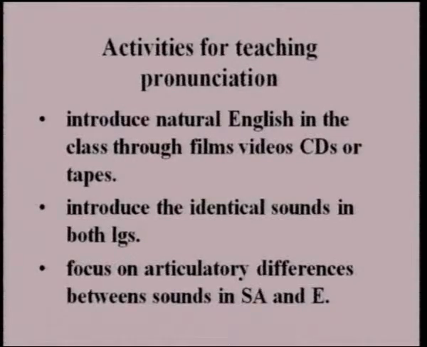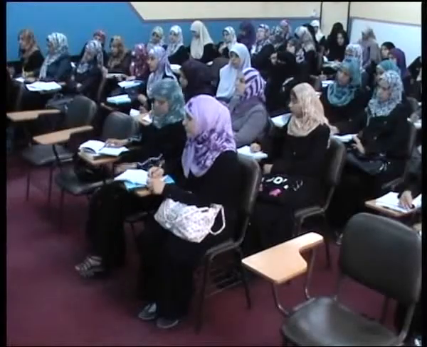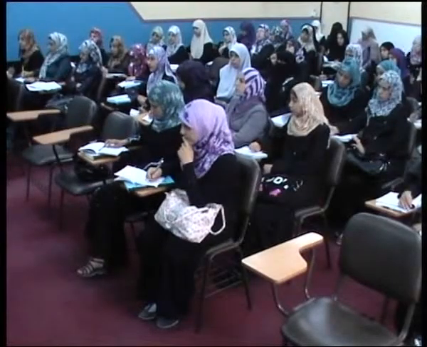Again, just for the adult students, you can identify for them the articulatory differences between sounds in standard Arabic and English. We've seen the schwa system, which is not found in Arabic, the weak forms. We've seen the clusterization system, which is not found in Arabic. We have only 2 clusters at the end of a word in Arabic.